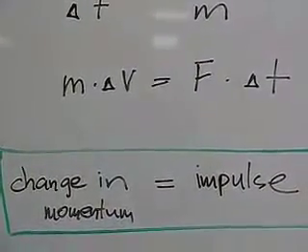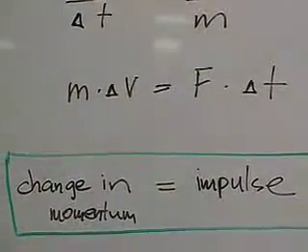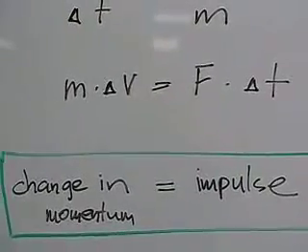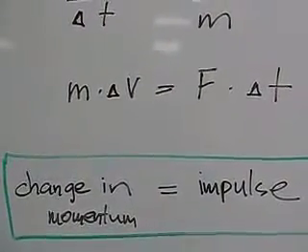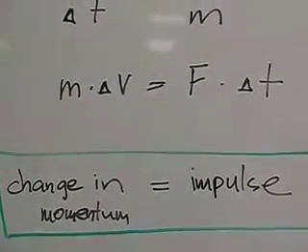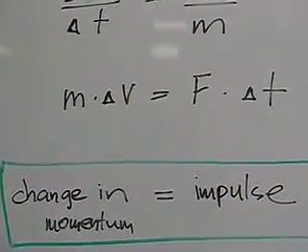We're not going to use such complicated problems in this unit. So when we say change in momentum, we're going to assume that the momentum changed because of the change in velocity. And this is the relationship we're going to be using. Mass times change in velocity equals force times the time.